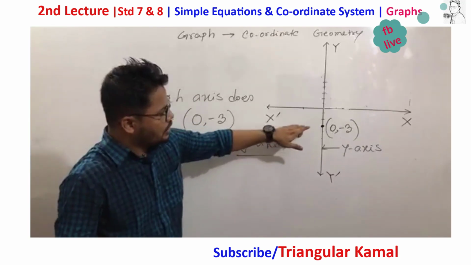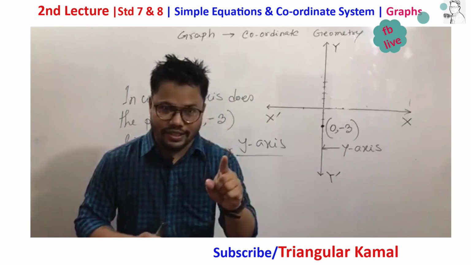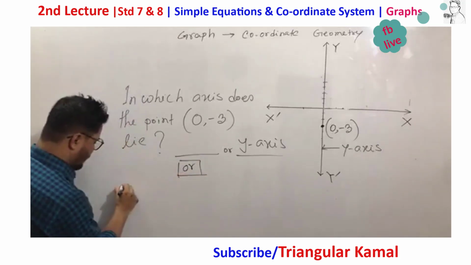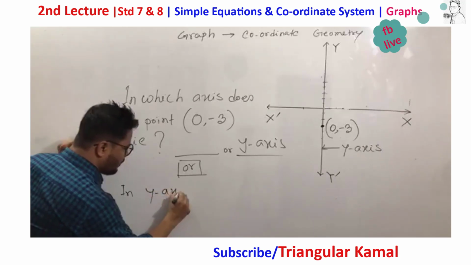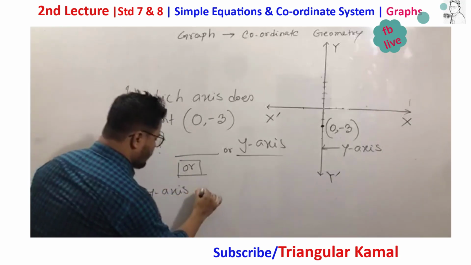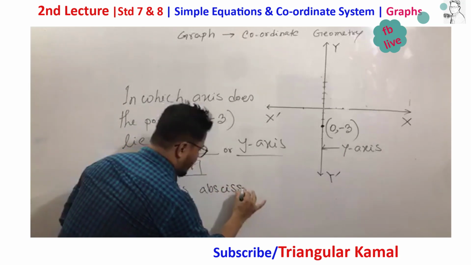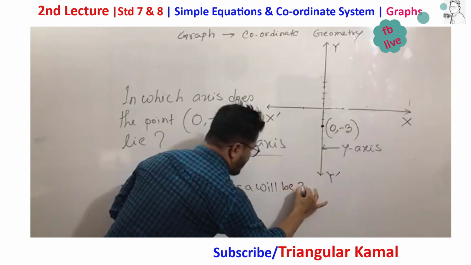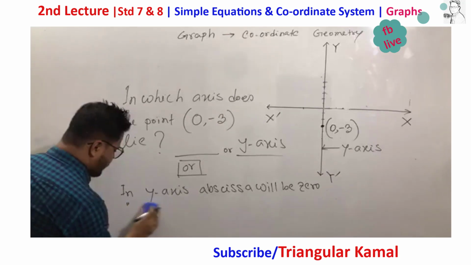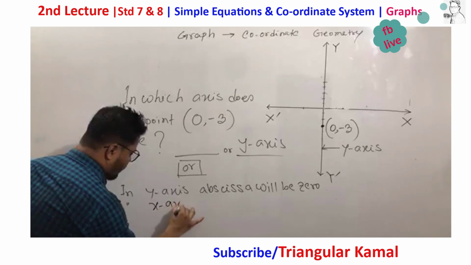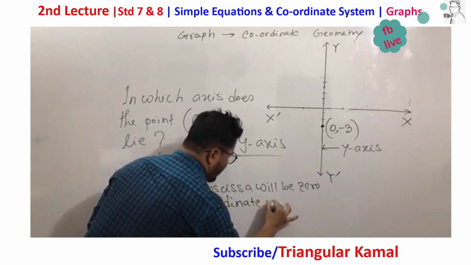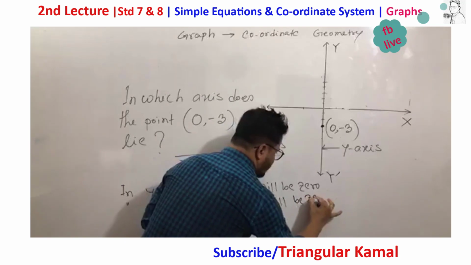This is the y-axis. So if I change the question, in y-axis, abscissa will be 0, and in x-axis, ordinate will be 0.